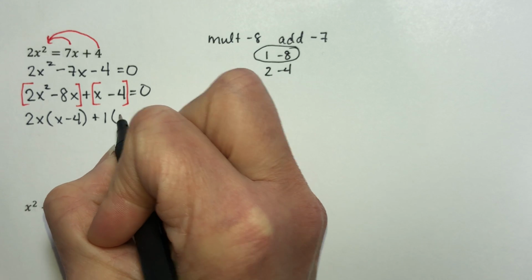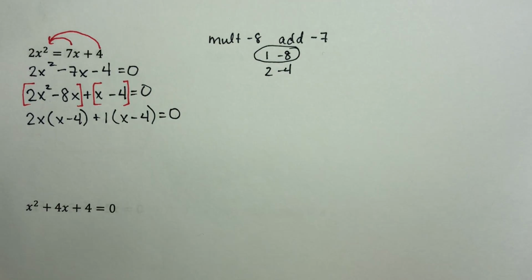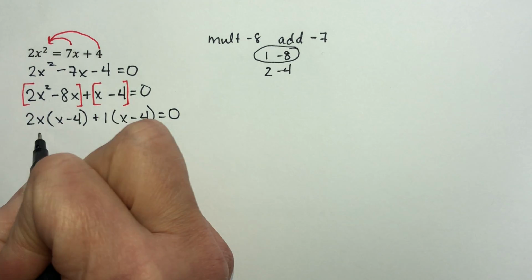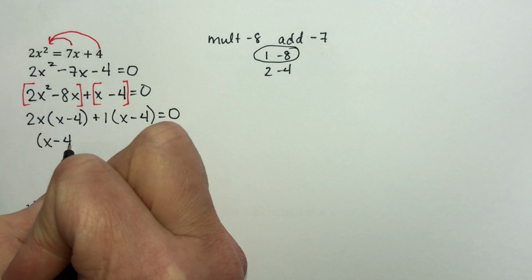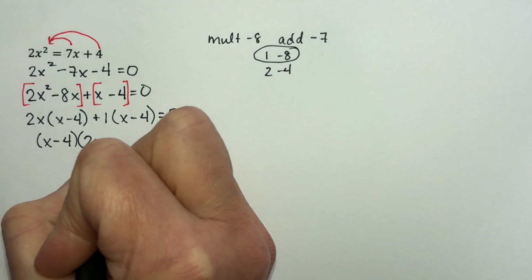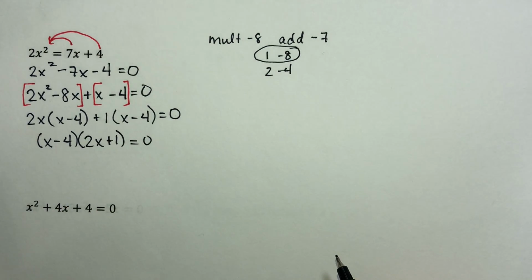Now, most of the time, factoring out a 1 is useless, but with factoring by grouping, it can really help us. Now I have x minus 4 in both of them, so I'd write that down once. And then I have 2x plus 1 left, and that's equal to 0.